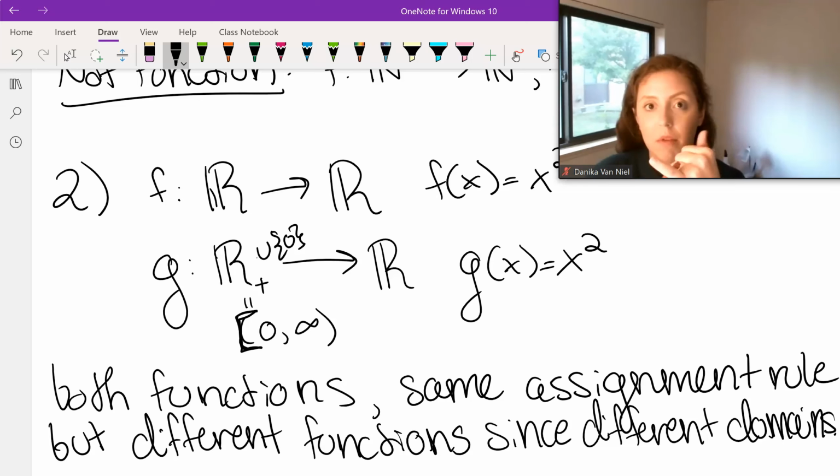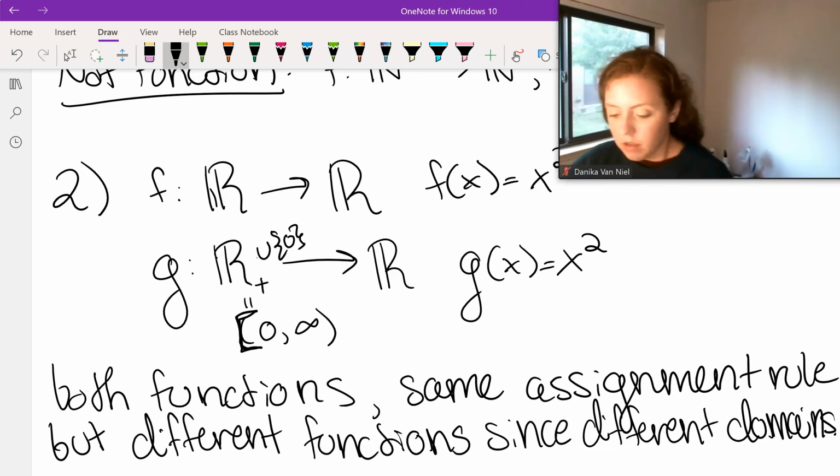So they have the same range, they have the same codomain, but just because they have different domains, they can't be the same. I hope that makes sense because, remember, every single element in the domain has to go somewhere. So f can't just leave the negatives alone. It has to send them somewhere. I'm hoping that makes sense.